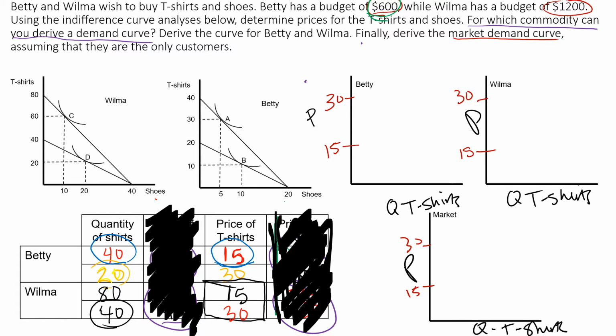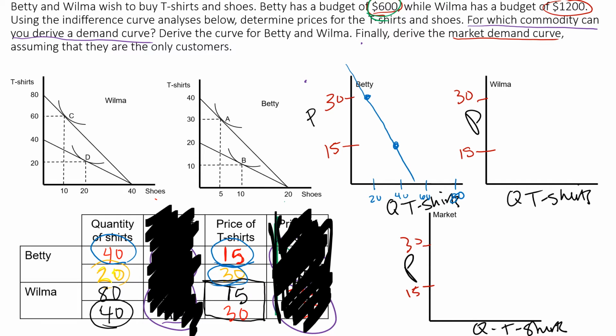So we're going to do 20, 40, 60, 80. So at a price of $15, she's willing to buy 40 shirts. At a price of $30, she's willing to buy 20 shirts. So that is Betty's demand curve.